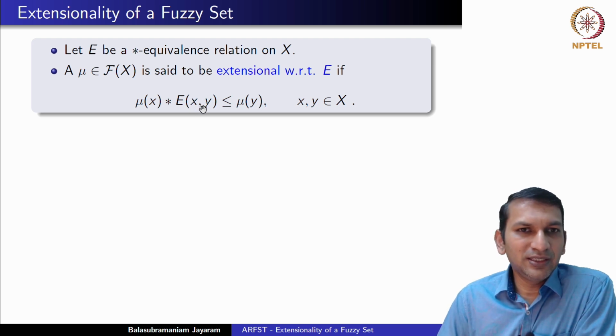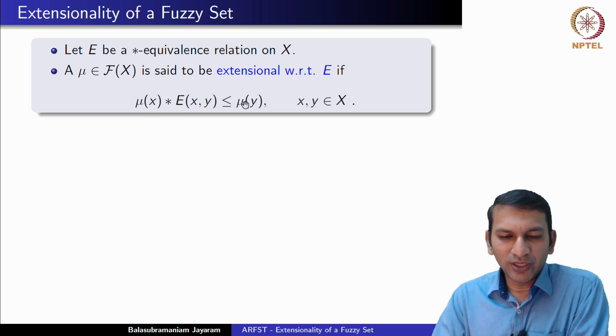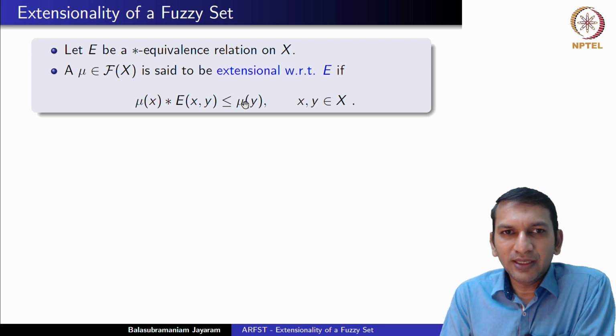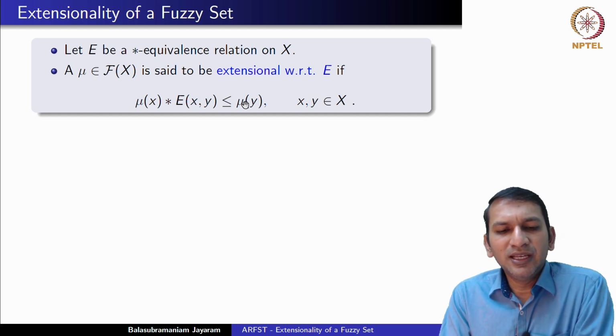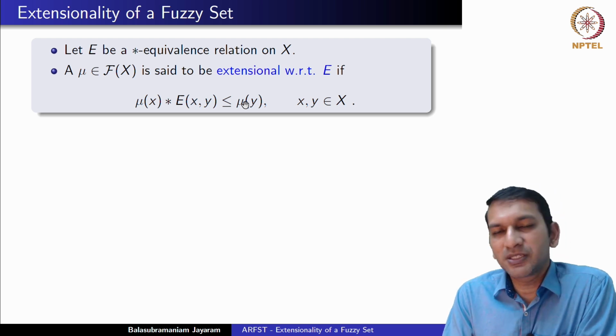And if E of xy is 1, then E of yx is 1. We see that mu of x is in fact equal to mu of y. So this is one way of ensuring that if x and y are indistinguishable with respect to the similarity relation or the equivalence relation E, then they should have the same membership value in that concept represented by mu.